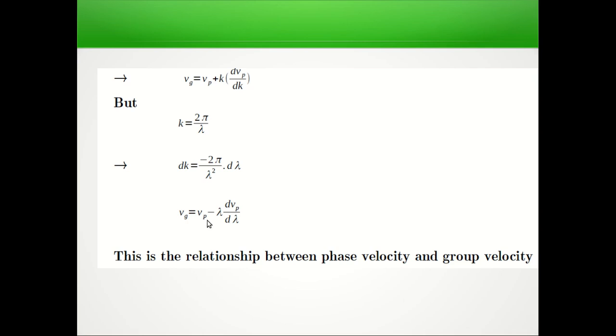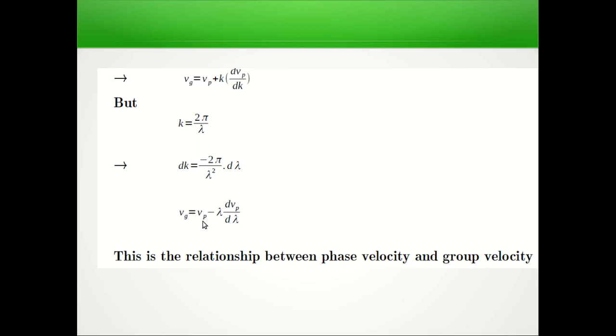In the next case, when this term is negative, group velocity Vg is greater than Vp. We call such a medium an anomalous dispersion medium.